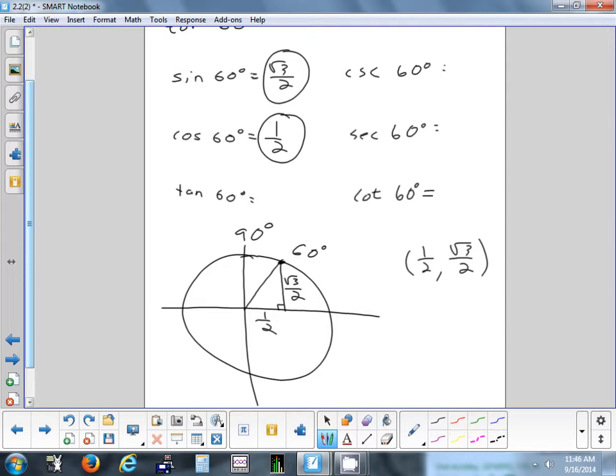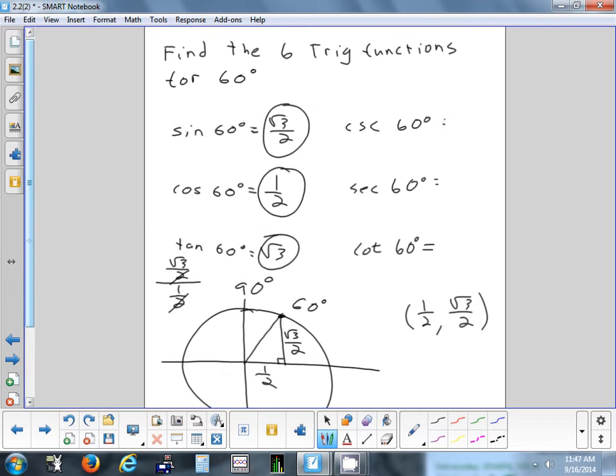Square root of 3, because you're going to have root 3 over 2 divided by 1/2. Your 2's cancel, and it's just square root 3. Very good. How about the cosecant of 60? 2 square roots of 3 over 3. Yes, I made the same mistake.